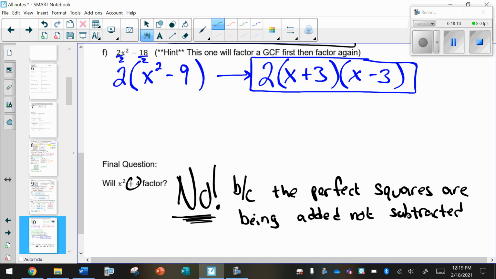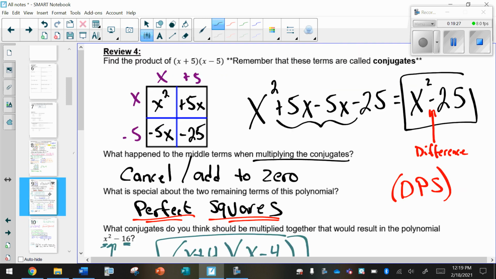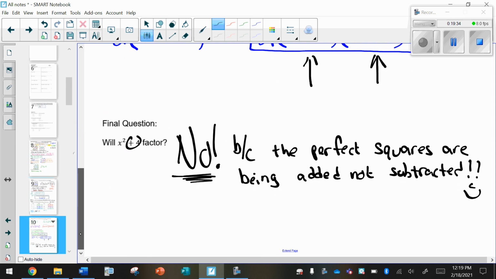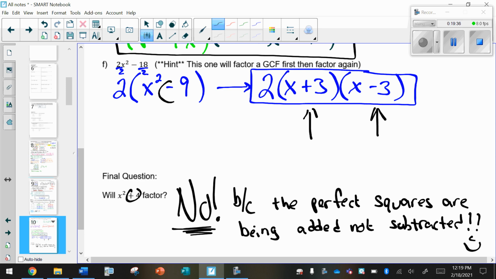This DPS factoring method only works if you're multiplying conjugates, which means you have a positive value in one parentheses, like the positive 3 here, and a negative value in the other parentheses. And when we do the box method and multiply these out, the positive times the negative will always lead to a negative result in between the two perfect squares. Has to be negative. So with the positive there, it does not factor.